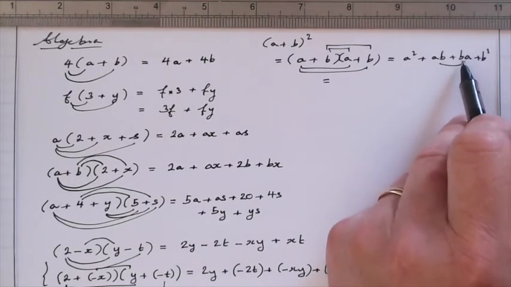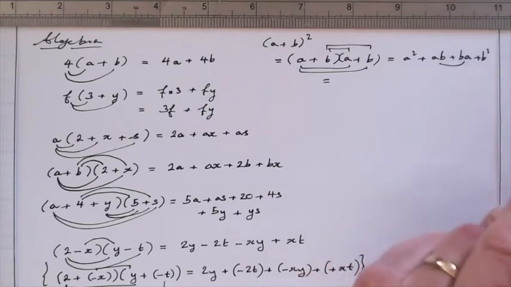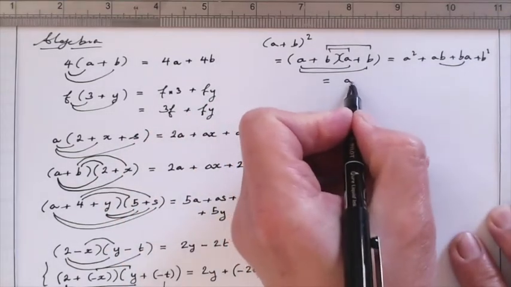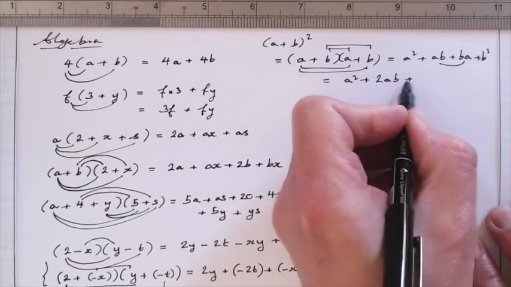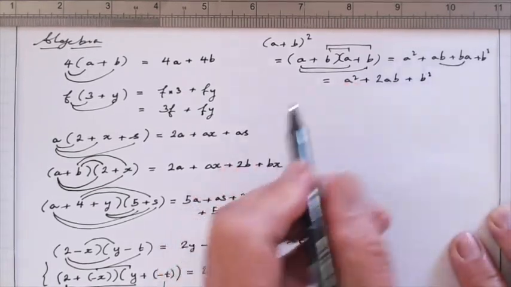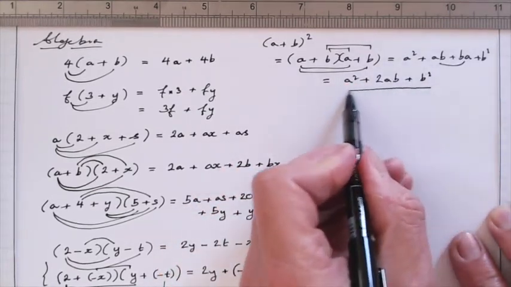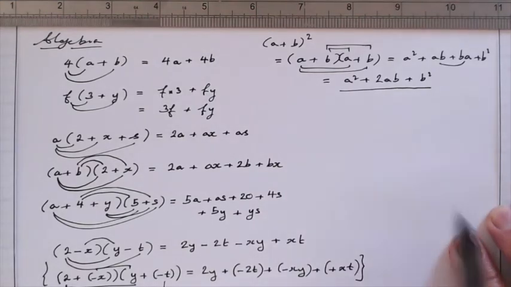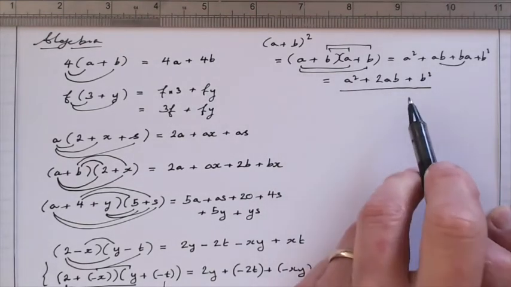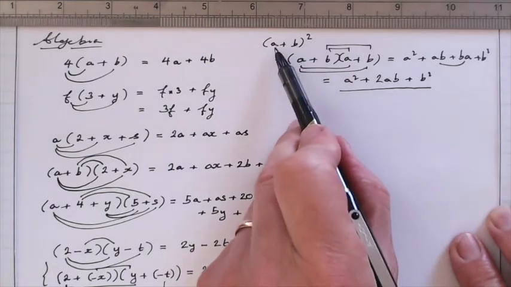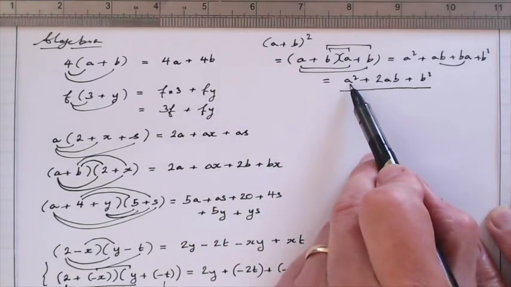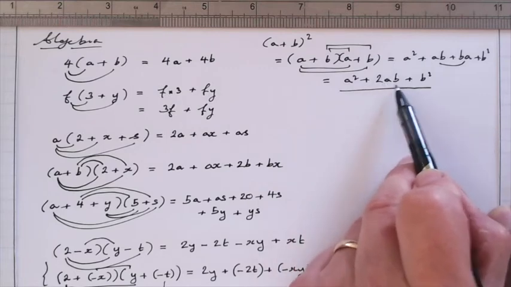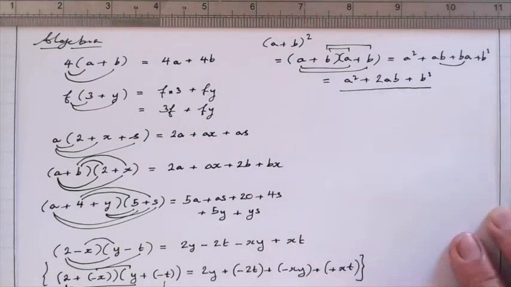It doesn't matter which way round you write the symbols. So we have a squared plus 2ab plus b squared. And that is an important result, and that is a result that I certainly recommend you commit to memory. When you have the sum of two terms all squared, you get the first term squared plus twice the product of the two terms plus the second term squared.